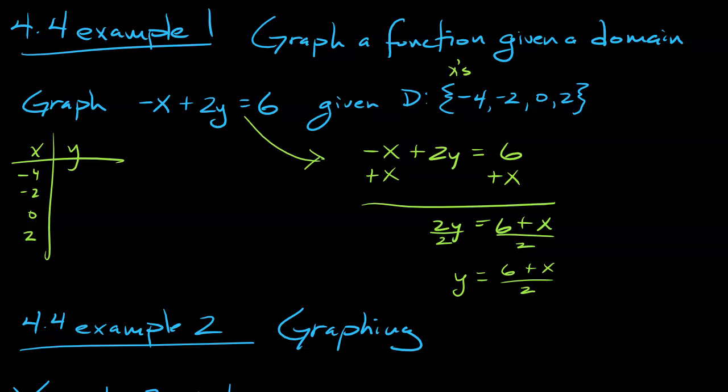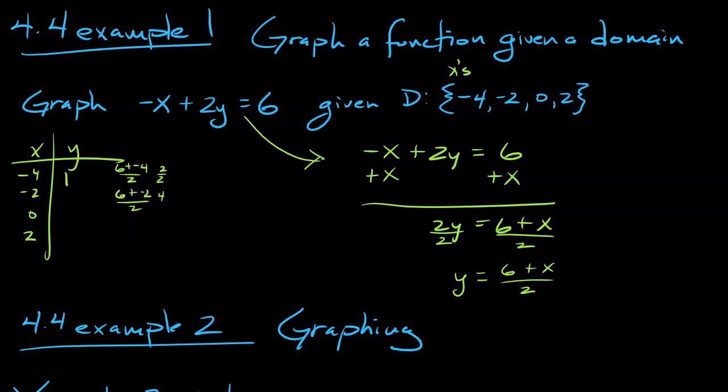We'll find out. So my first one, if x is -4, I'm going to put -4 in place of x, and then divide by 2. So 6 plus -4 is 2, divided by 2 is 1. And then I'm going to do negative 2. 6 plus negative 2 divided by 2.